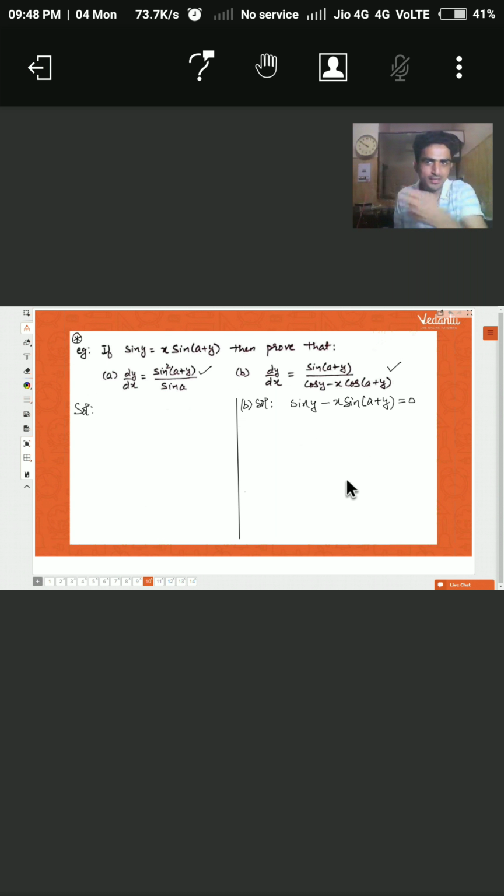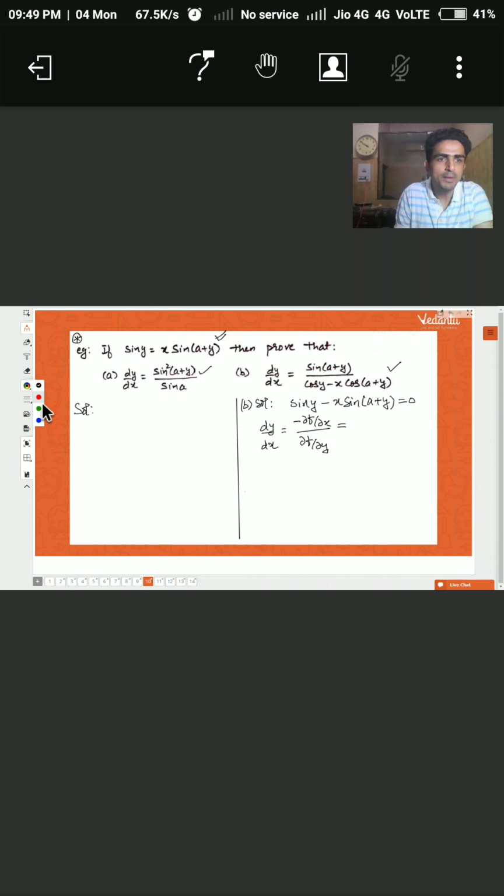I just took everything on left hand side, and now I'm applying the shortcut formula. dy by dx is partial derivative with respect to x divided by partial derivative with respect to y. Okay.